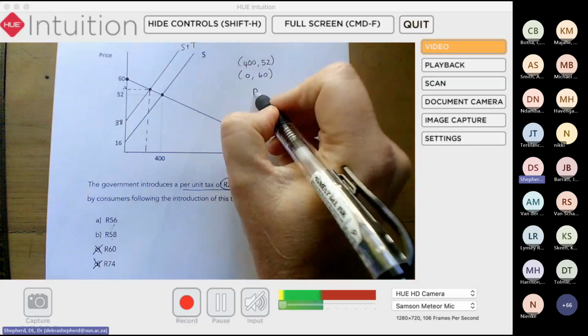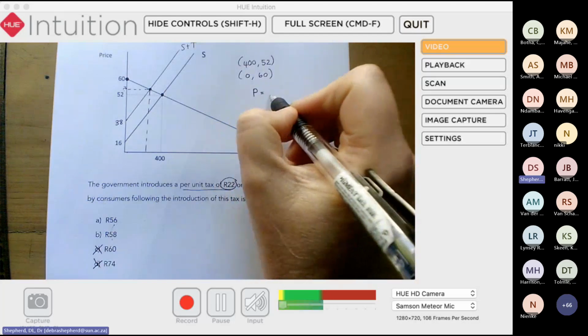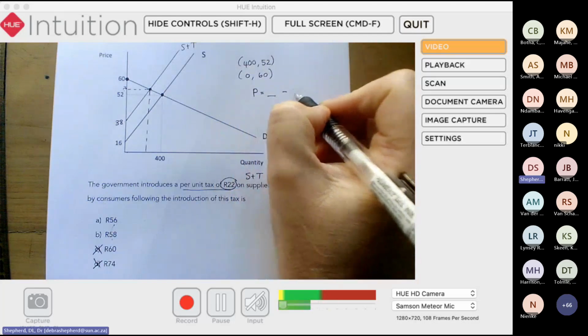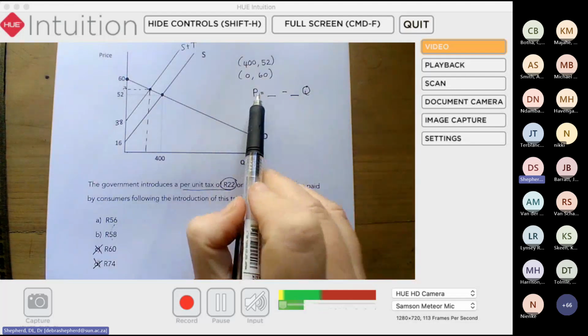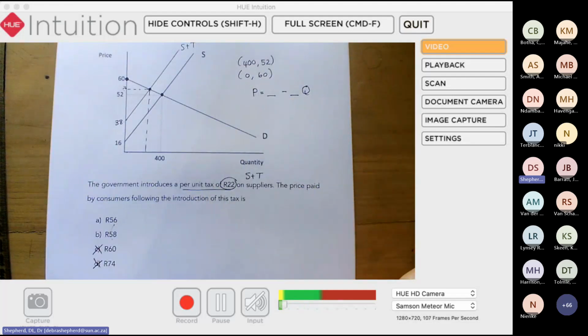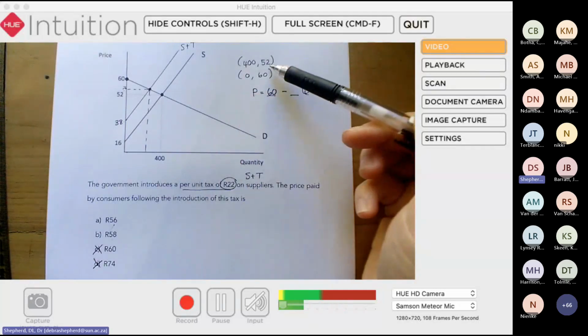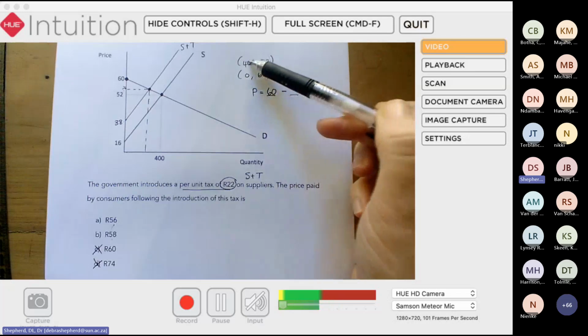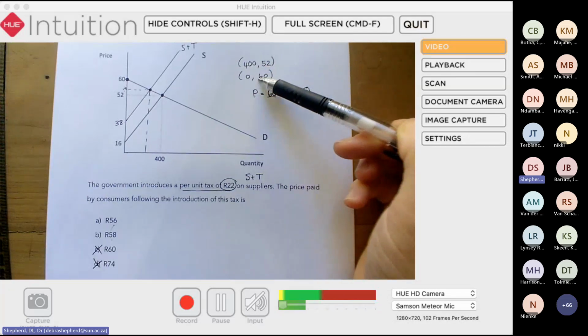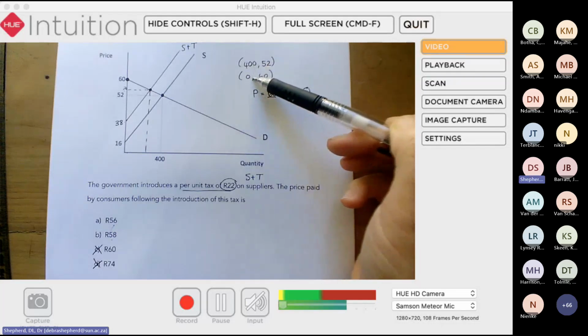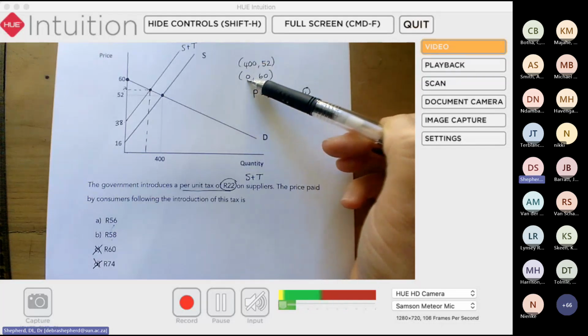So if I had to write out my demand curve, it would have an intercept, and then it would have a negative slope times quantity. What is the intercept of my demand curve? Awesome, 60. What is the slope of my demand curve using these two pieces of information? So what I see from this information is that when price changes by 8, quantity changes by 400.